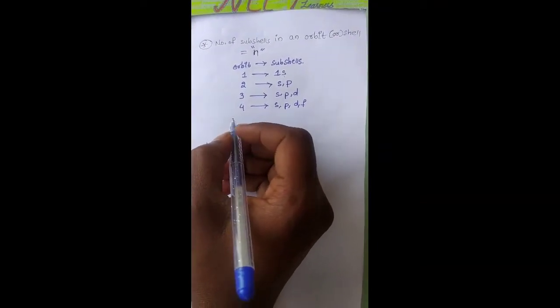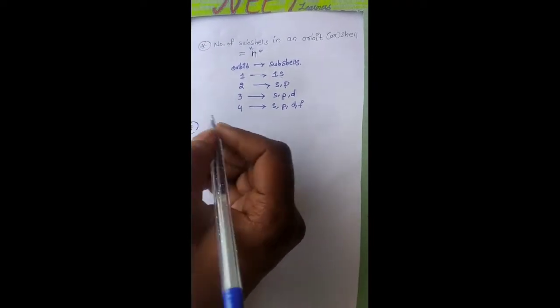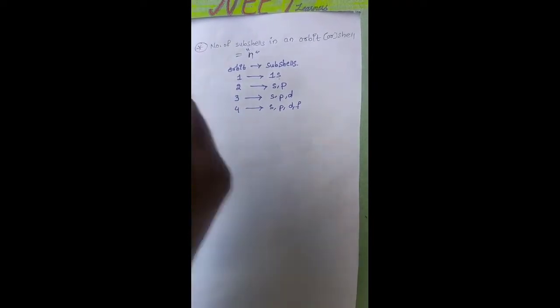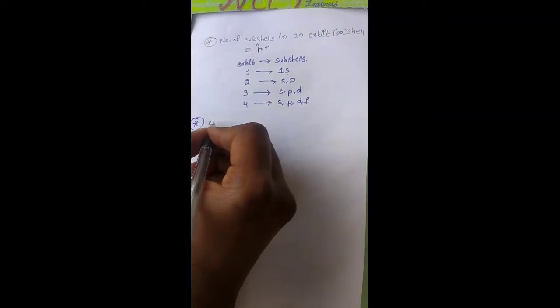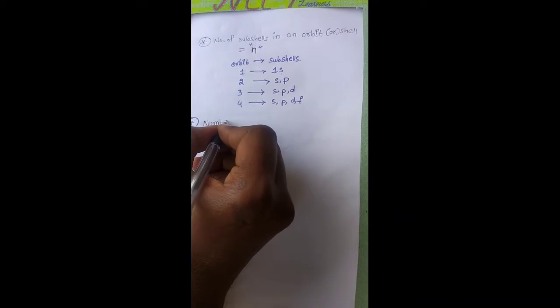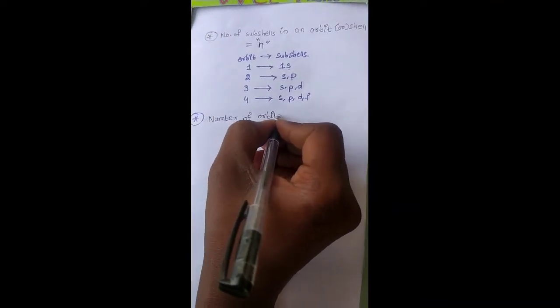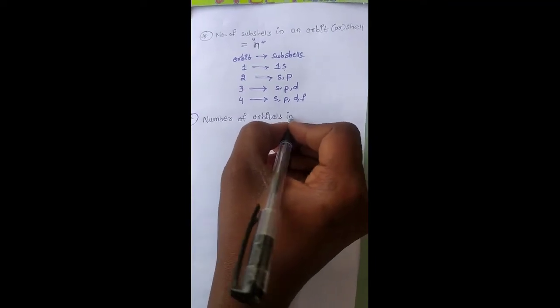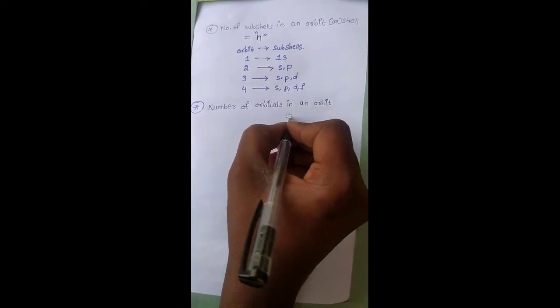Now coming to the important formulas. The number of orbitals in an orbit is equal to n square.